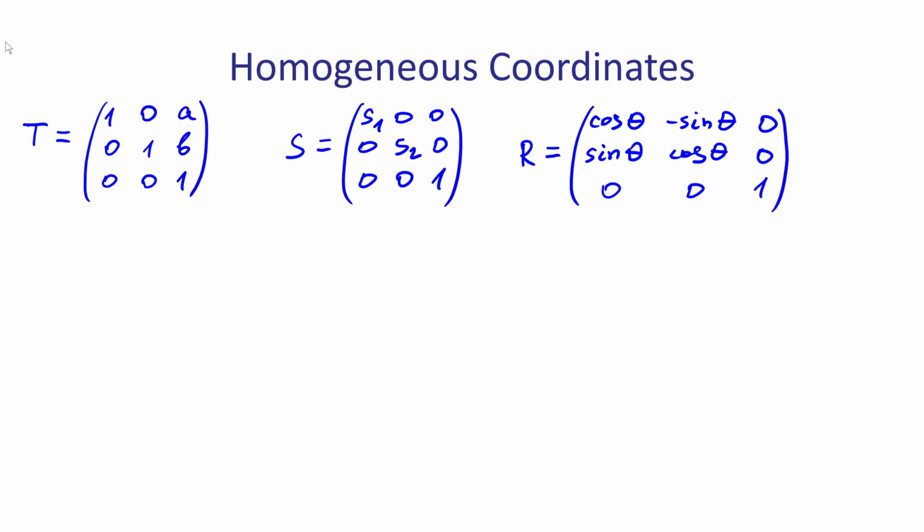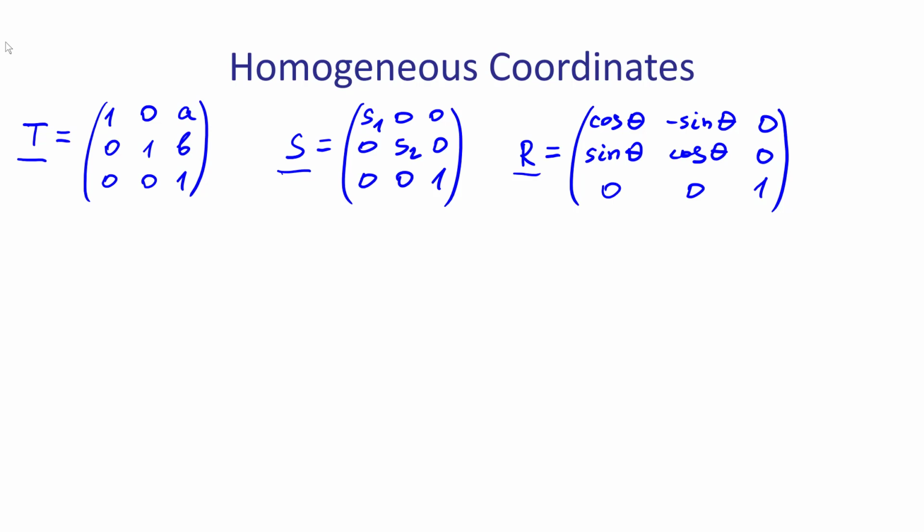Now you can combine them in any order by using matrix multiplication. So if you want to do translation, you just multiply that matrix by your x, y, 1. If you want to do scaling, you multiply that matrix from the left by x, y, 1. And the same thing with that matrix. If you want to combine them, you just multiply those matrices together, and then you get whatever you want.